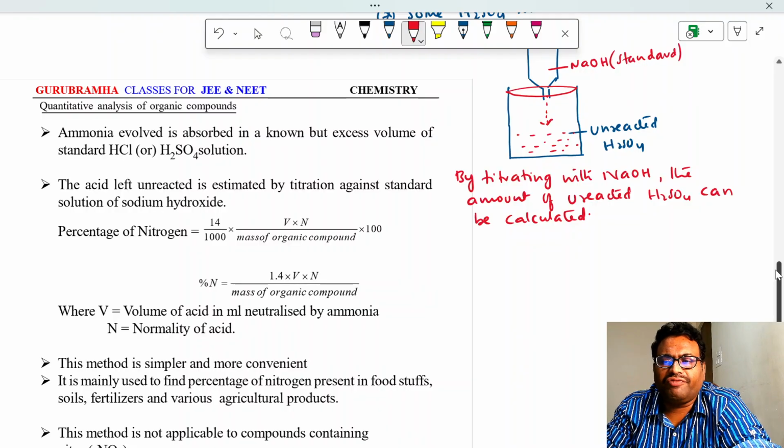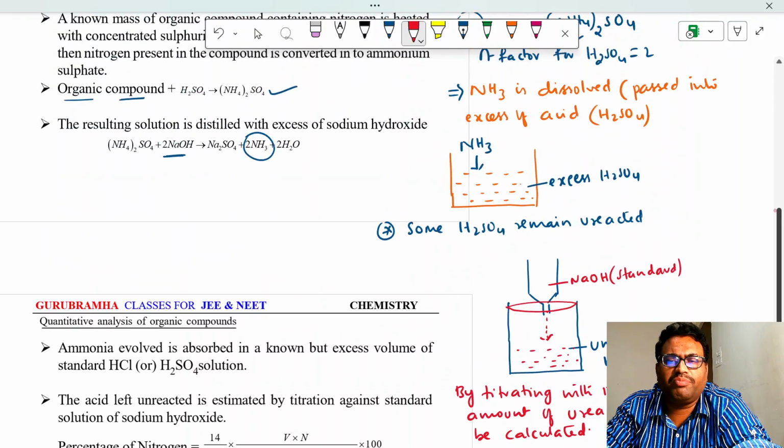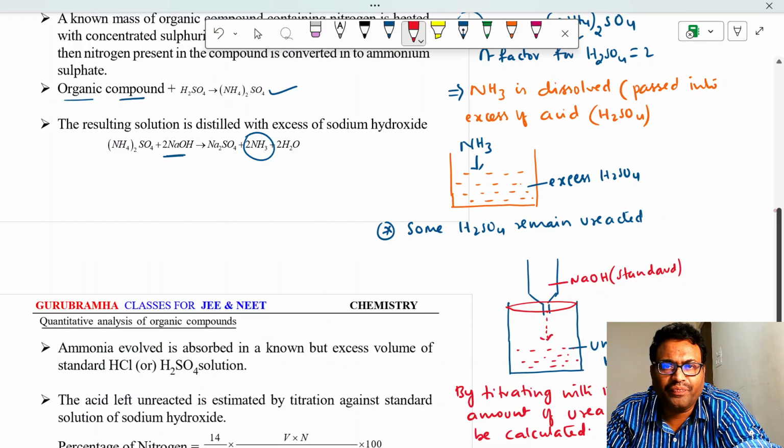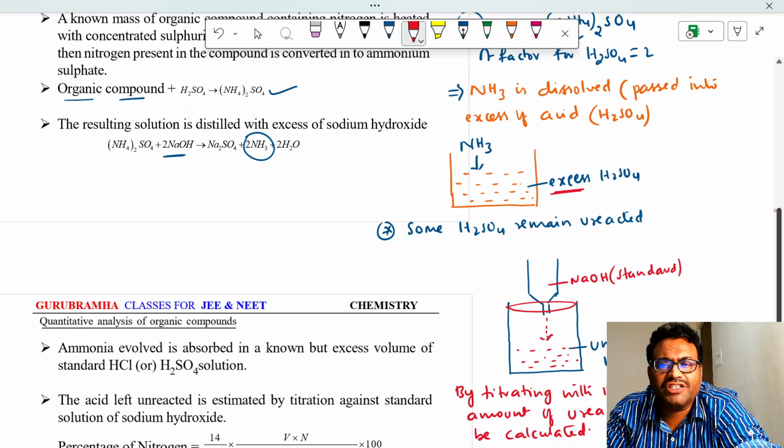Okay. So first, you have passed the ammonia released into excess of H2SO4. Already I am mentioning that it is excess. Now some H2SO4 is unreacted. The same vessel is titrated with the NaOH.